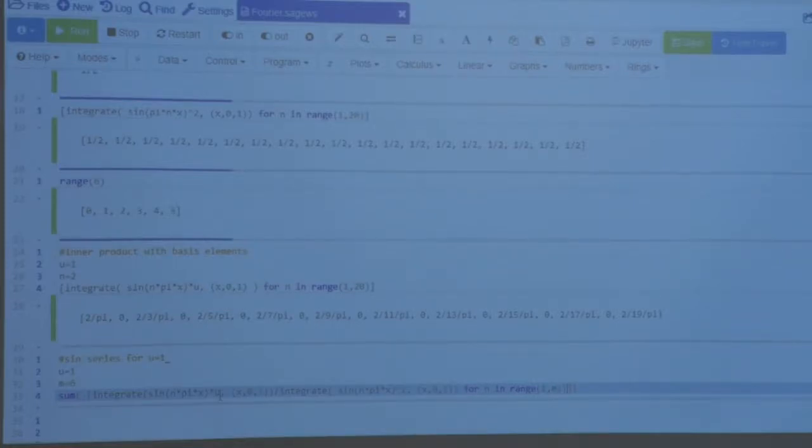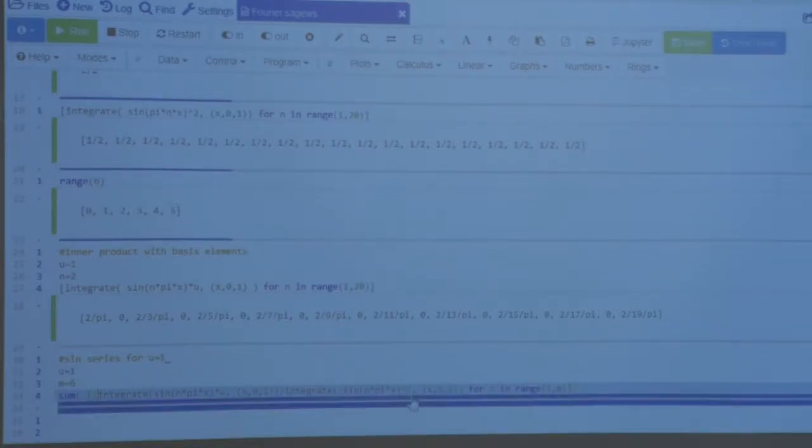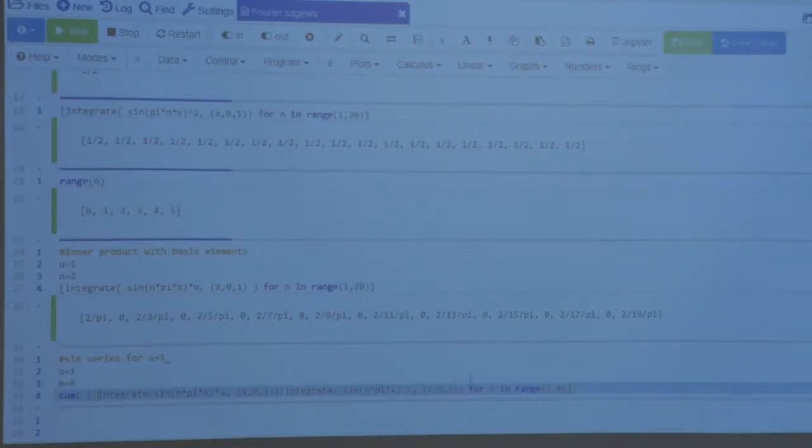All right, so that should be that. Now I have this coefficient, and what do I need to multiply the coefficient times? The basis function. So there's the coefficient times the basis function, if I did not miss parentheses or something.